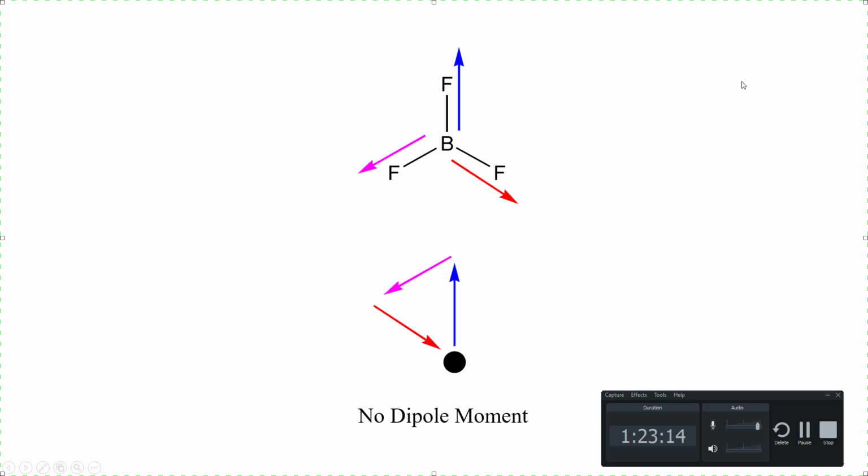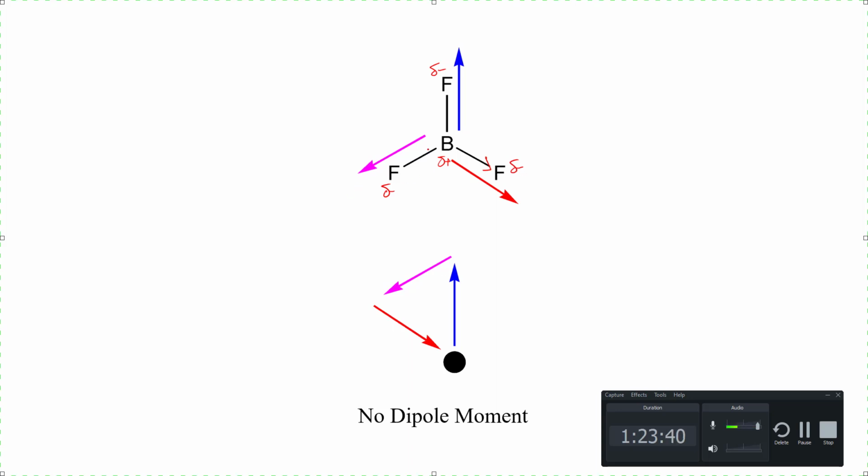So just in terms of the kinds of geometries that you'll see, here's BF3. BF3 definitely has polar covalent bonds, right? The fluorine would be slightly negative, the boron would be slightly positive in each one of these cases. So it's got 3 polar covalent bonds. But does it have a net dipole moment?